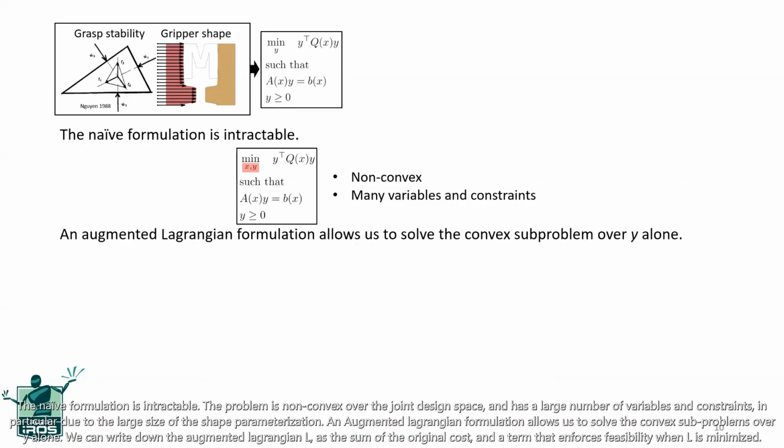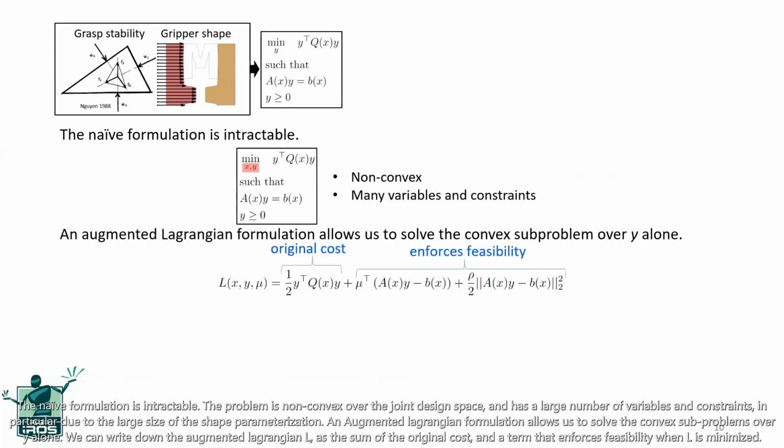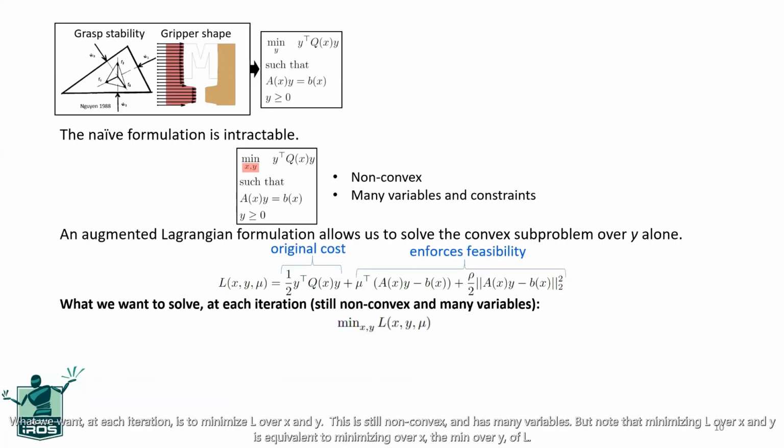An augmented Lagrangian formulation allows us to solve the convex subproblems over Y alone. We can write down the augmented Lagrangian L as a sum of the original cost and a term that enforces feasibility when L is minimized. What we want at each iteration is to minimize L over X and Y. This is still non-convex and has many variables.